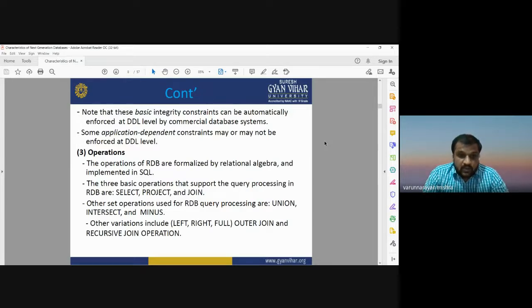Other set operations used for RDB query processing are union, intersect, and minus. There are also other variations, including left, right, and full outer join, and recursive join operations in the relational database, or RDB.